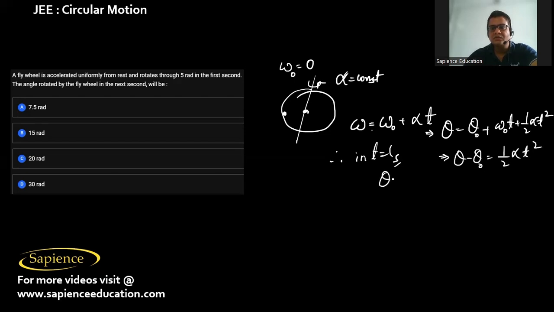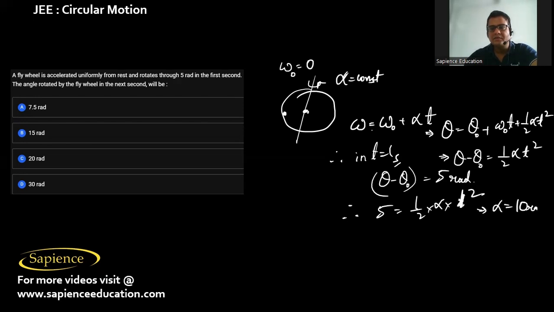In t equal to 1 second, theta minus theta naught will be equal to 5 radian. That has been told. So 5 radian is equal to half into alpha into t square, which is 1 square. So alpha will be equal to 10 radian per second square. So this is the angular acceleration.